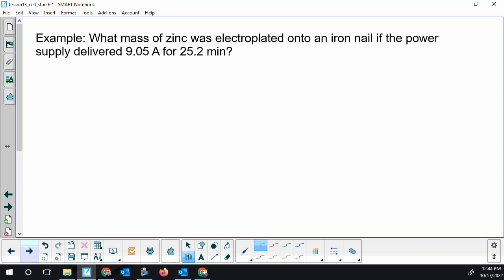For example, what mass of zinc was electroplated on an iron nail if the power supply delivered a little over 9 amps for a little over 25 minutes? Forming metals is a fairly slow process. You're not going to see times of 10 seconds, 5 seconds.